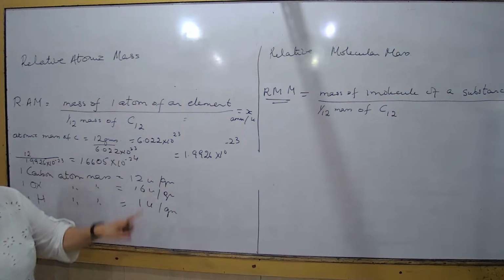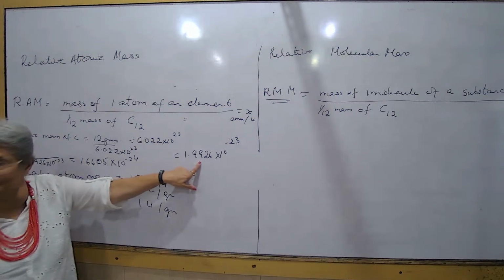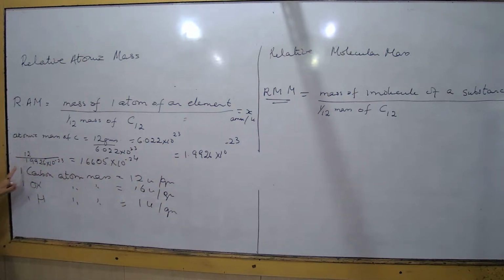Divide. Now that you have got this number, divide that by 12, the atomic mass divided by that number. Weight of one atom. Divide the total mass by one atom and you get the value of unified mass. Correct? So AMU is actually this.